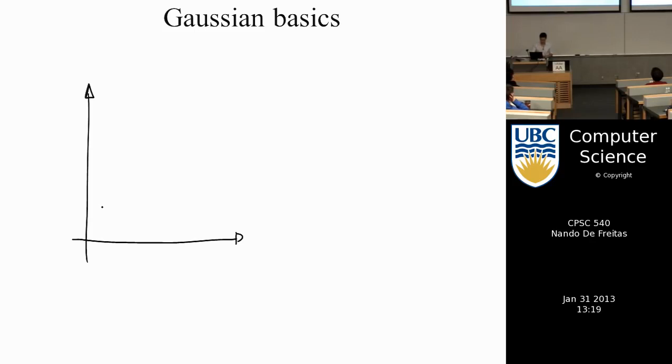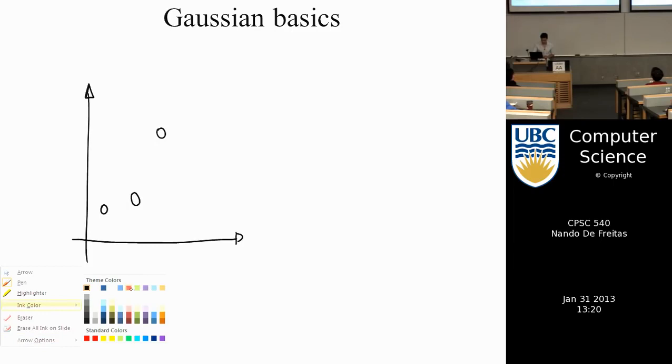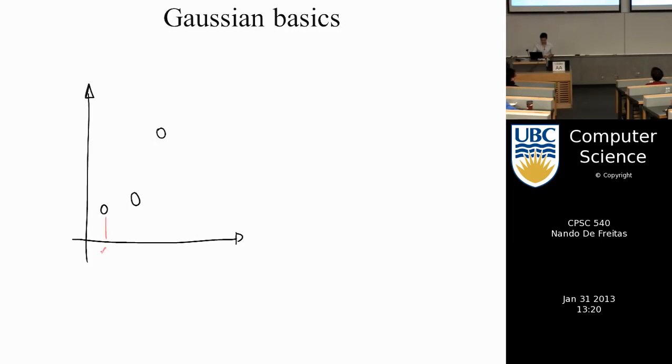Okay, so we had our 3 points, which I remind you were x1, f1. This is still f of x, and this is still x. I have x2, I have x3.